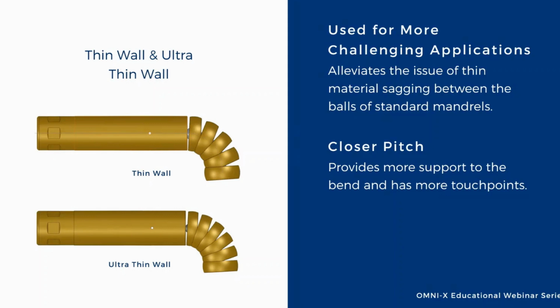For example, if the standard pitch mandrel has a number 9 link, the thin wall will have a number 8, and the ultra thin wall will have a number 7. The next slides will offer some detail about the components and ordering options of the balls we have been discussing.